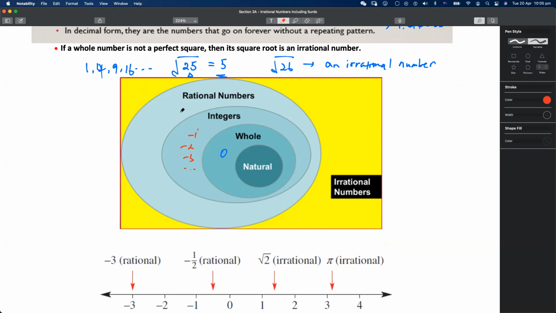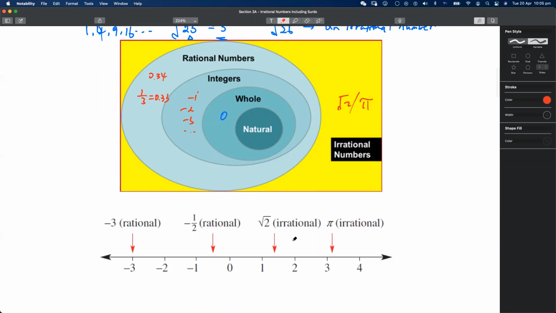And the rational numbers, apart from integers, include numbers like 0.34, a terminated decimal, or 1/3, which is approximately 1.33. And apart from rational numbers, you've got irrational numbers like square root of 2 or pi.